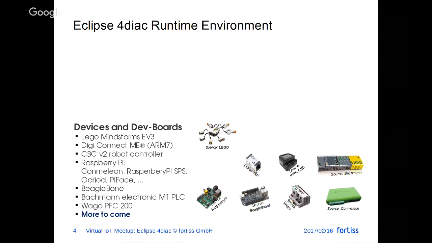You can see here devices like Lego Mindstorms, Raspberry Pis, but also real PLCs like the ones you see here on the right side, like the PLC M1 from Bachmann Electronic, or this Wago PFC200. And more are to come, we have quite a few in our queue. Some have already maybe seen that we are now also supporting Bosch PLCs. And if you think you have a device where 4diac should run, I'm happy to hear about it, and we are very happy to support it.